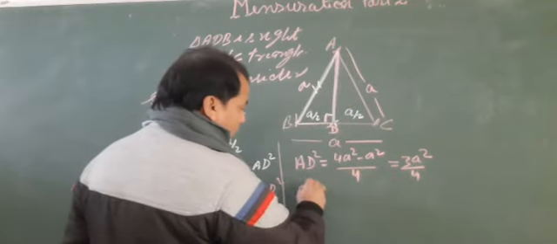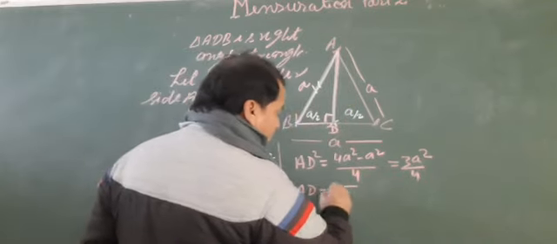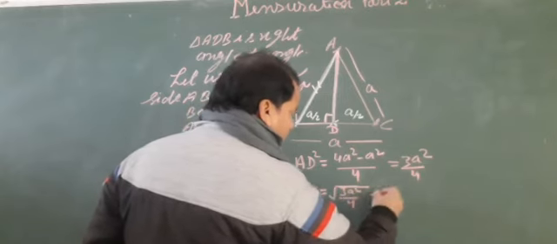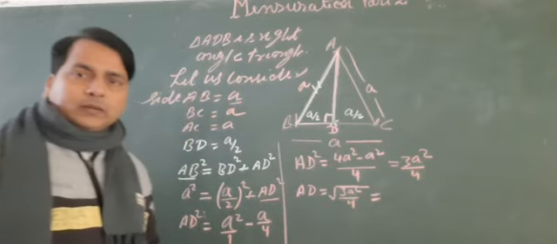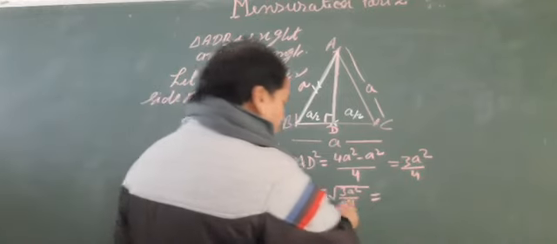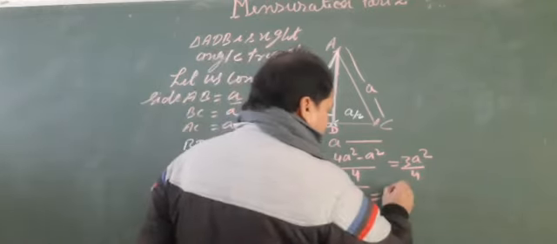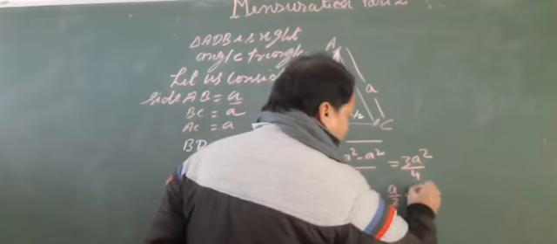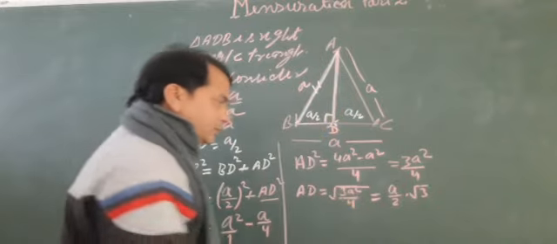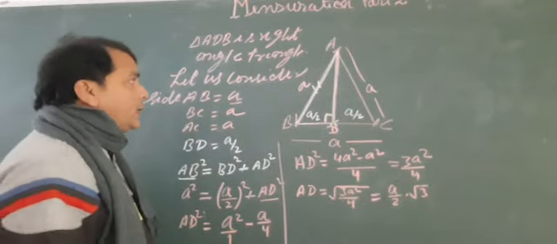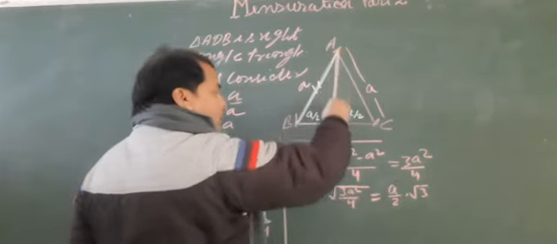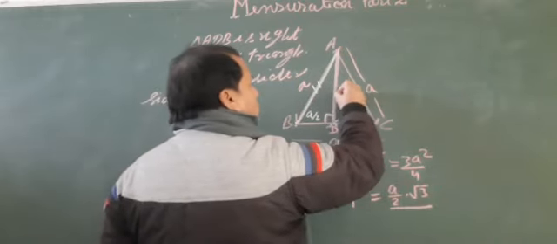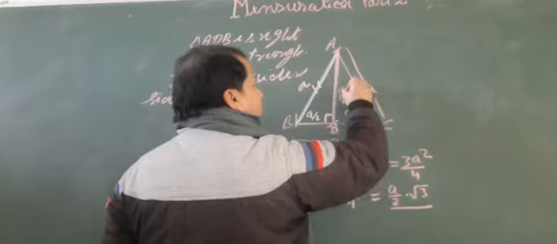Then AD equals root of 3A square by 4. Okay. Now root 3A square gives A root 3, over 2. It is clear then that perpendicular AD is root 3 by 2 A.